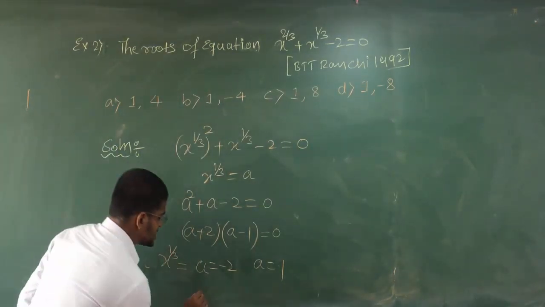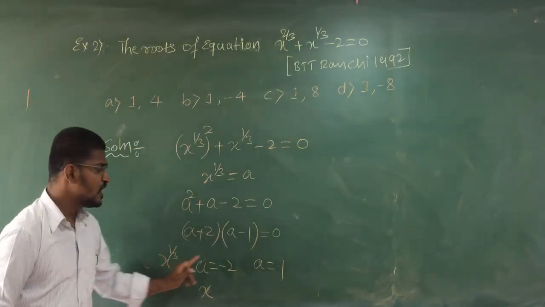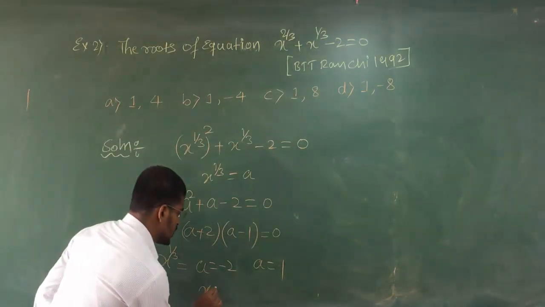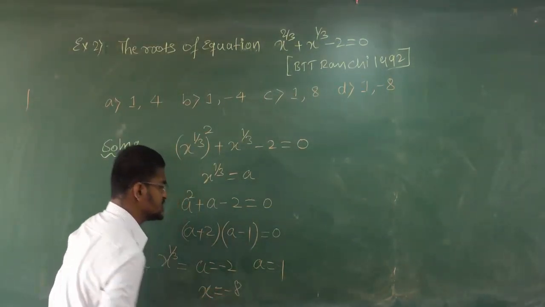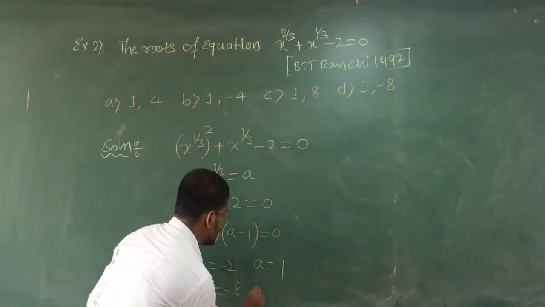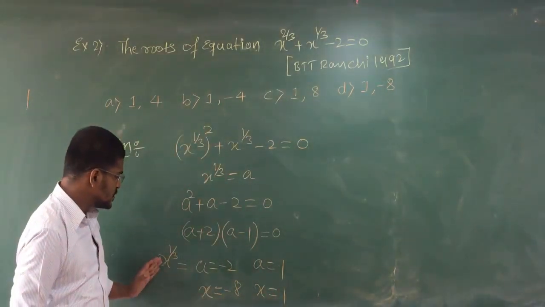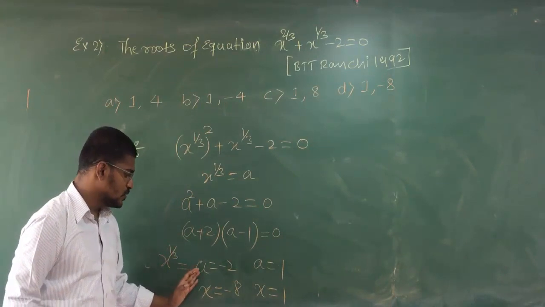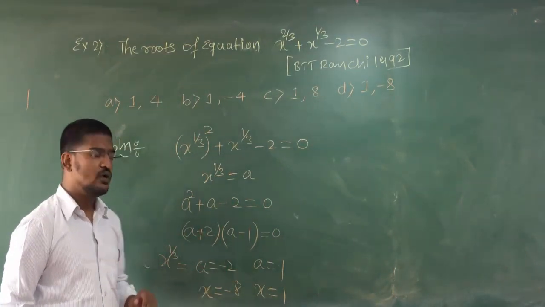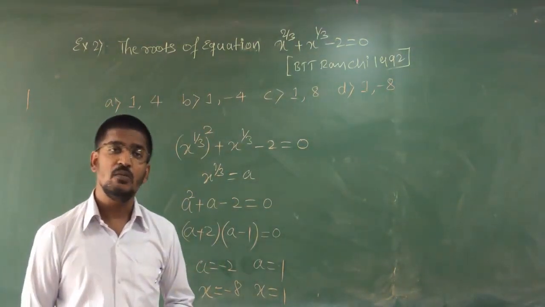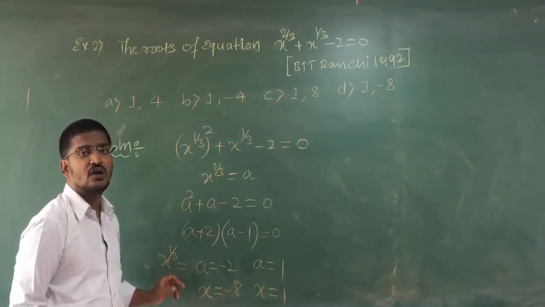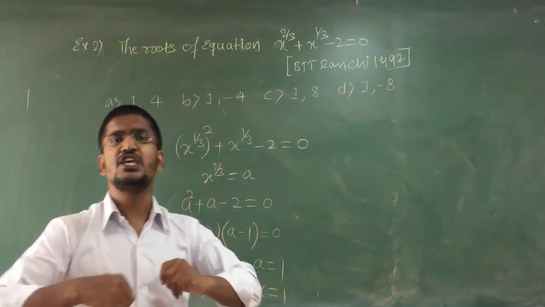Then what is x? Cubing on both sides, what you are going to have? x equal to minus 8. Cubing on both sides, x equal to 1. Clear? So x to the power of 1 by 3 equal to a, that is equal to minus 2. Now I need the x term. It is a cube root. So you multiply its cube on both sides.